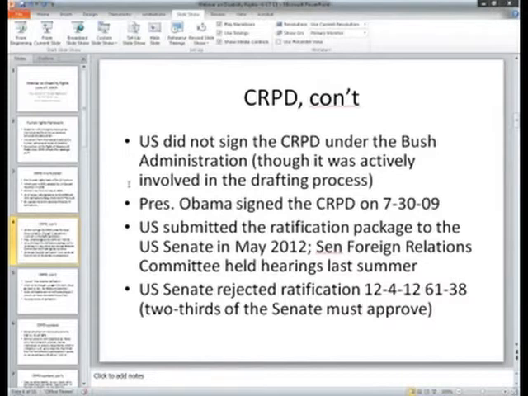The package, basically like proposed legislation, got submitted to the Senate. The Senate Foreign Relations Committee held hearings last summer. Senator Kerry was then the chair of the committee, and the committee added a few RUDs, in a sense clarifying for the Senate what the treaty might mean.